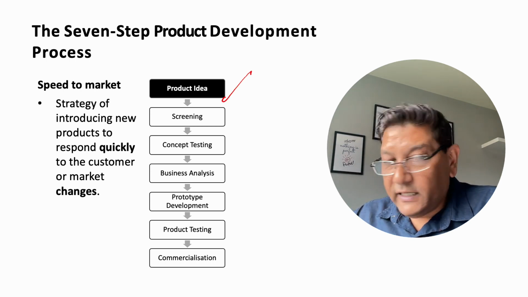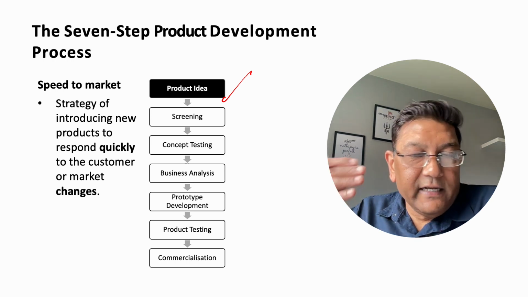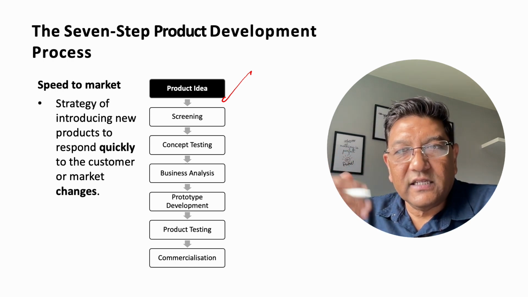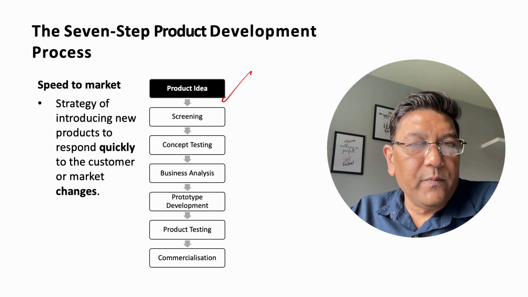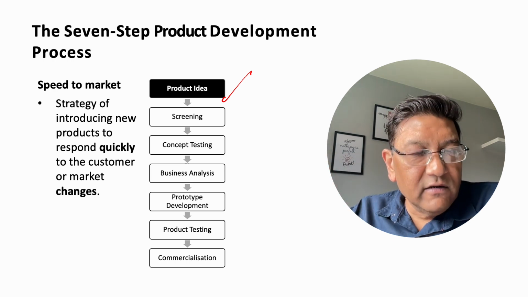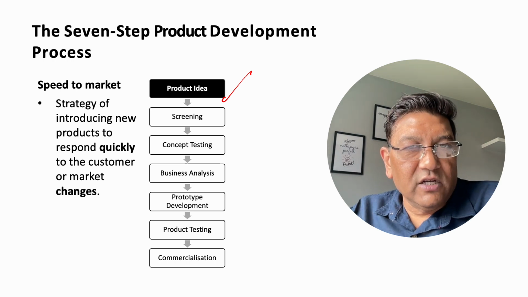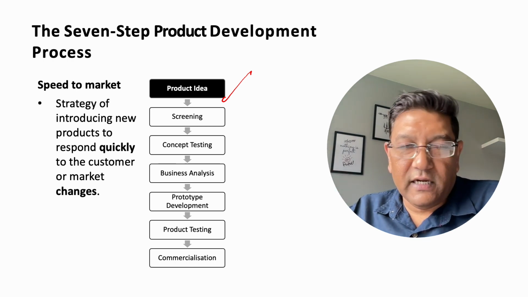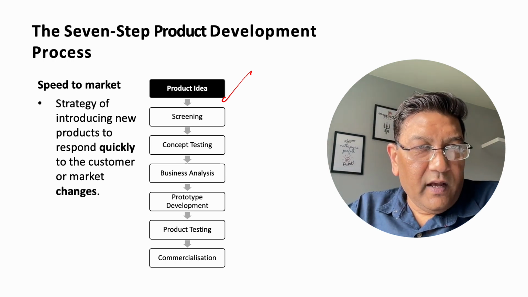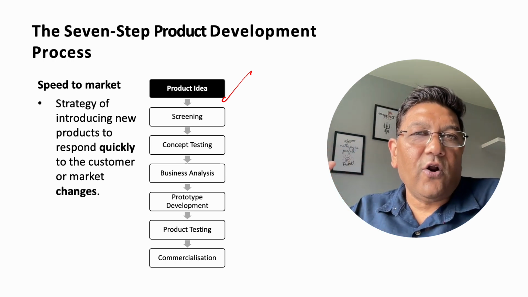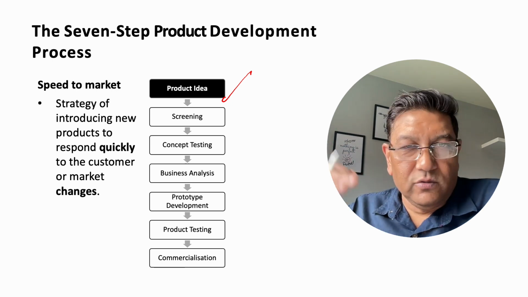Once you have the product idea, you look for the screening. Screening means that you are screening the idea, how good the idea is. Can we develop a product like that? Can we develop a service like that based on the consumer demand? A consumer might ask you, I need, let's say, a personal rocket so I can travel to the moon.